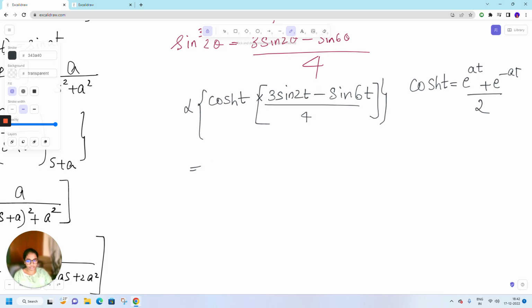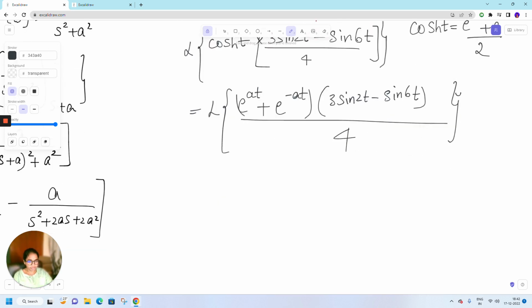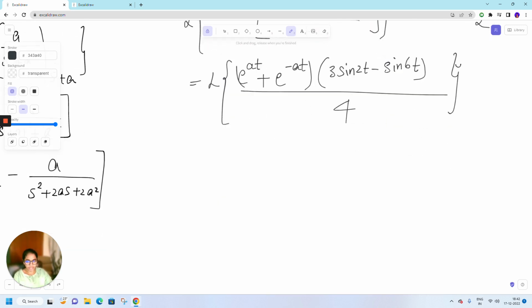So let me substitute that over here. Laplace of e power at plus e power minus at, into 3 sine 2t minus sine 6t whole thing divided by 4. 1 by 4 is a constant, I'll take it out. So that would be 1 by 4. Now I have two binomials.